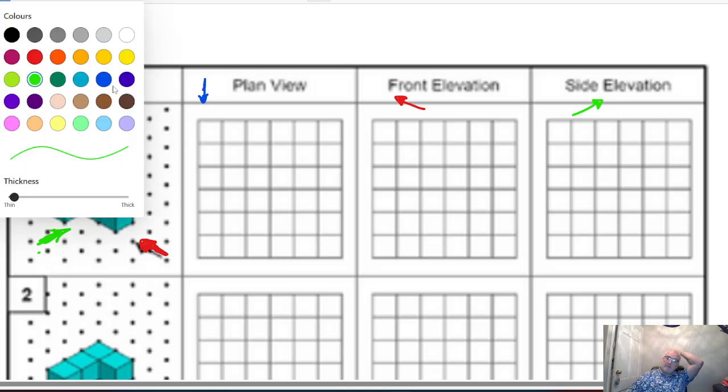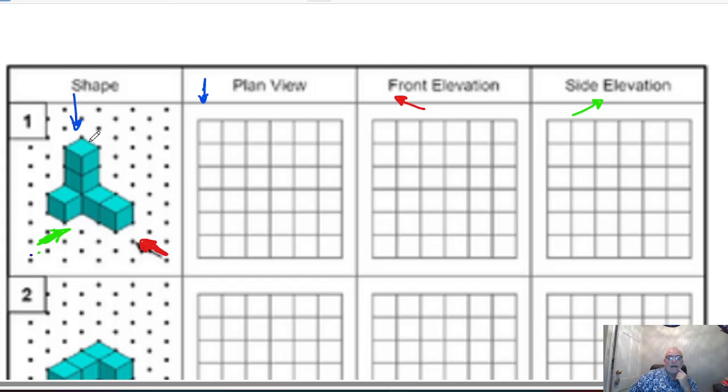So the first step is to look at the question, and what I would do is say, looking down from the top, what can I actually see? I can see the top of that square, the top of that square, the top of that one, and the top of that one. So on my elevation I can actually see 4 squares. If I look in this top corner I can see 3 that go across and then 2 down.